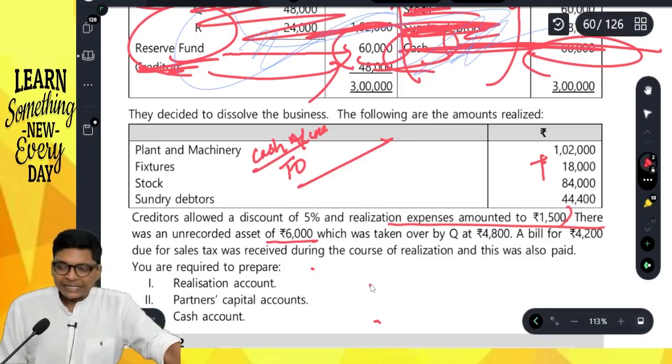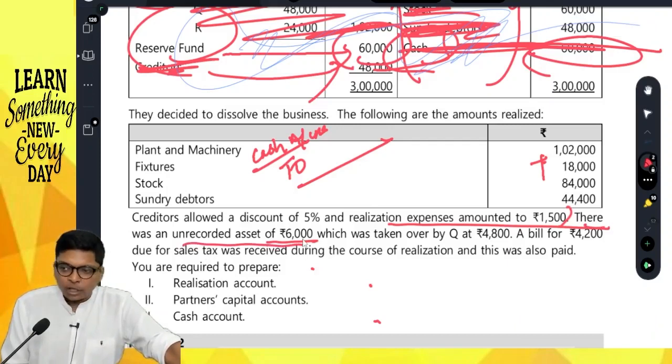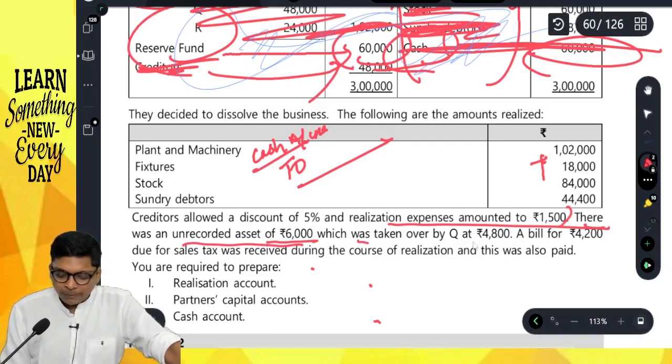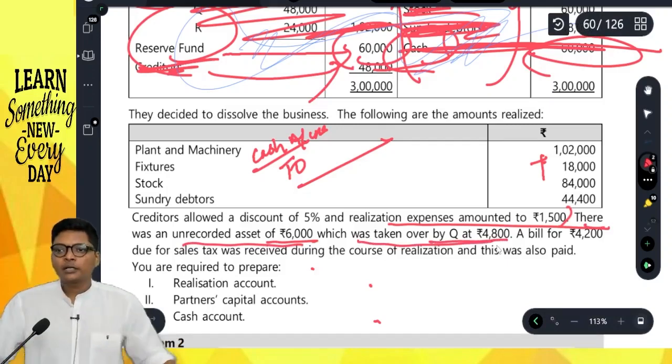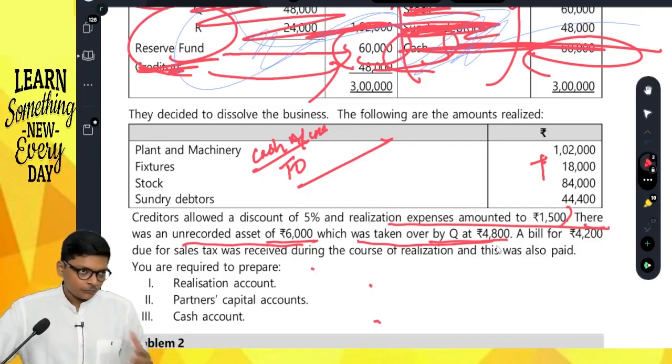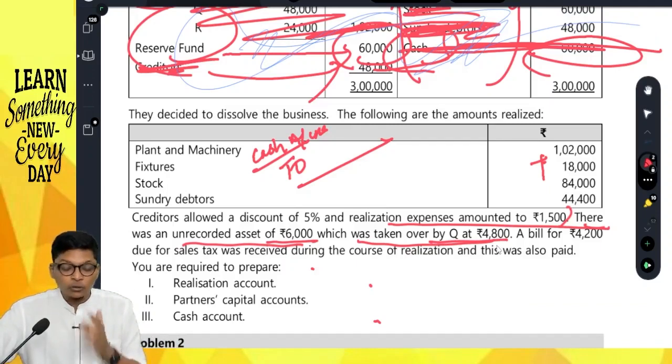Next, you try the entry, then I will teach. It's a new one. There was an unrecorded asset of 6,000 which was taken over by Q at 4,800. Understand the question. There is an unrecorded asset of 6,000 taken over by Q at 4,800.